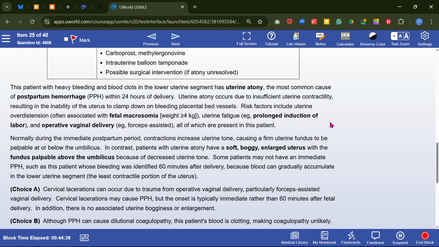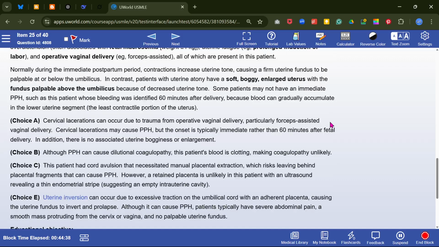Because of decreased uterine tone, some patients may not have an immediate PPH, such as this patient whose bleeding was identified 60 minutes after delivery, because blood can gradually accumulate in the lower uterine segment, the least contractile portion of the uterus. Okay, next. Do you want me to read the retained placenta option?